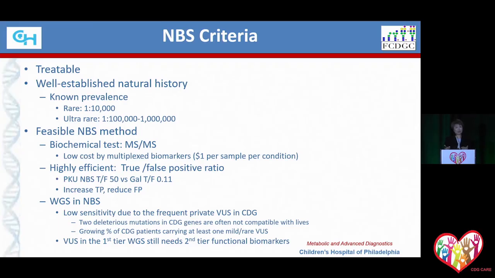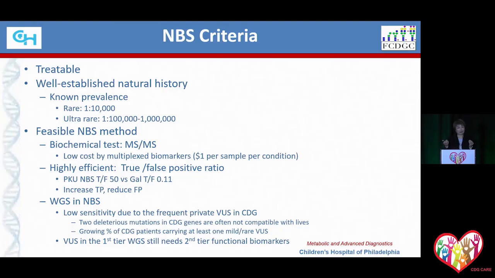This will be particularly problematic if you want to screen for CDG, because the easiest deleterious mutations for us to predict are the severe ones. Nonsense mutations, complete loss of function, very severe amino acid changes, we can easily predict these are deleterious. But a mild amino acid change is very, very difficult to predict, and that is often the most frequent mutation in CDG patients, because two deleterious mutations in a CDG gene are often not compatible with life.